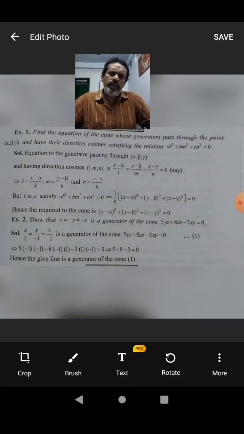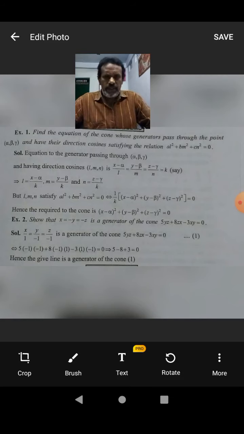As discussed in the earlier topics, the equation to the line passing through the point and having the direction cosines is (x minus alpha) by l is equal to (y minus beta) by m is equal to (z minus gamma) by n. These ratios are equal to some constant k. So we get l is equal to (x minus alpha) by k, m is equal to (y minus beta) by k, n is equal to (z minus gamma) by k.